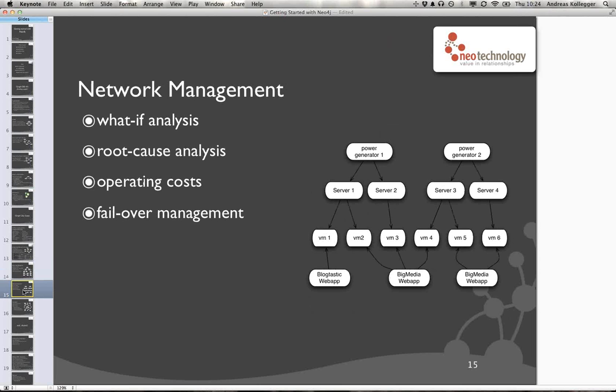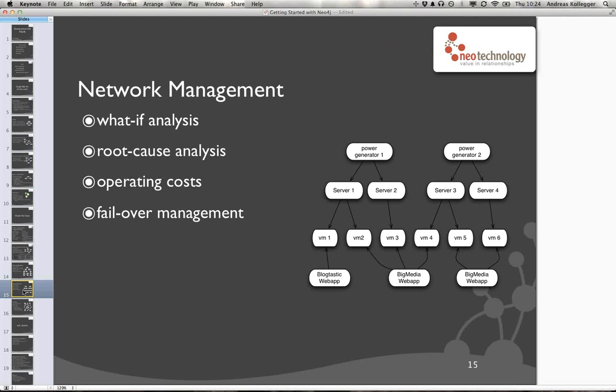Similarly, network management is a great area for using a graph, particularly if you want to be the next great cloud service, and you're trying to manage a huge warehouse full of servers and power supplies, and maybe you've got machines all around the world, and your customers have their applications distributed around those machines.